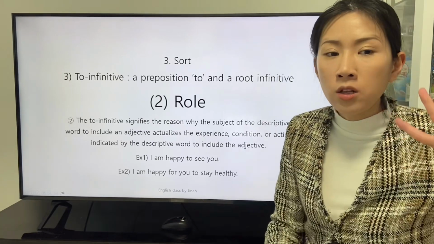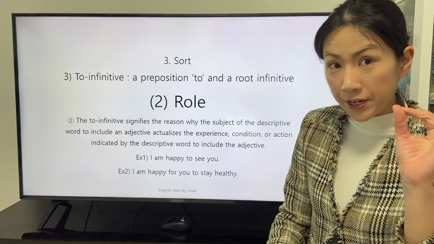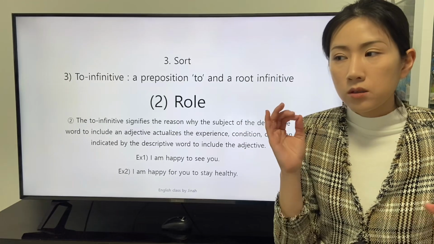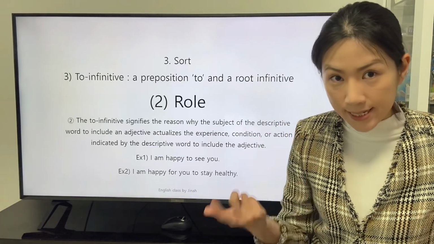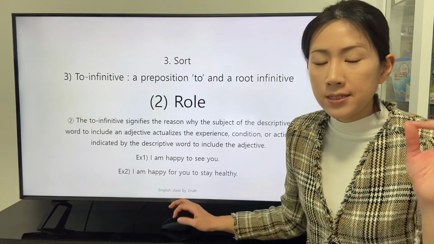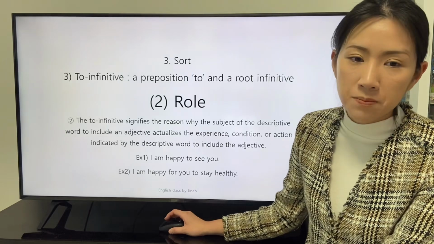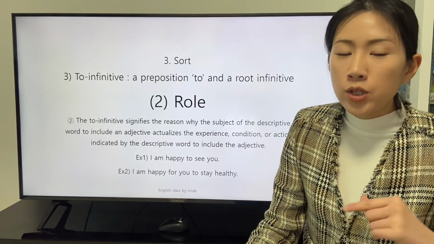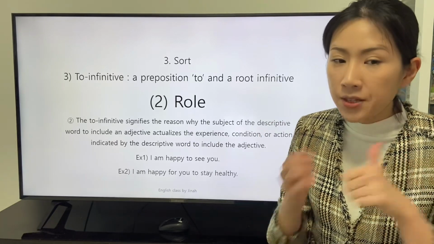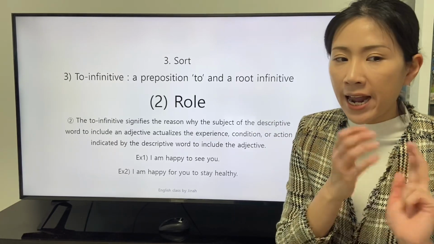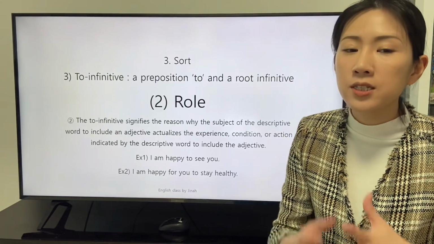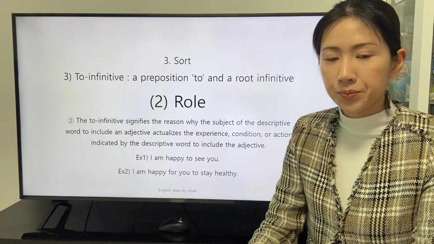The second role of the to-infinitive is to describe the reason of the subject. The to-infinitive signifies the reason why the subject of the descriptive verb to include an adjective actualizes the experience, condition, or action indicated by the descriptive word to include the adjective.